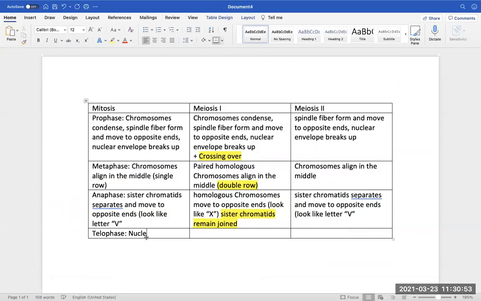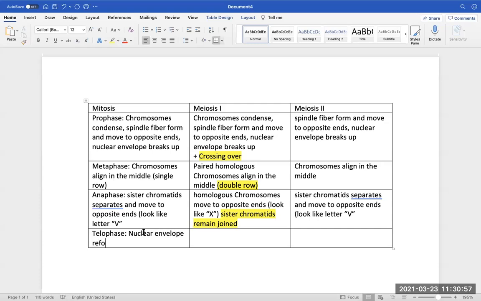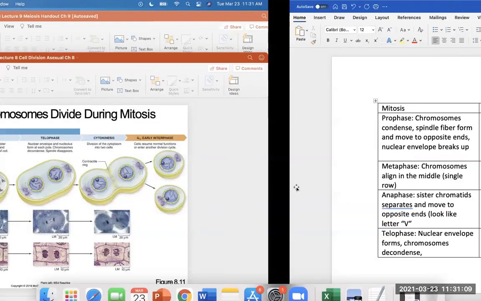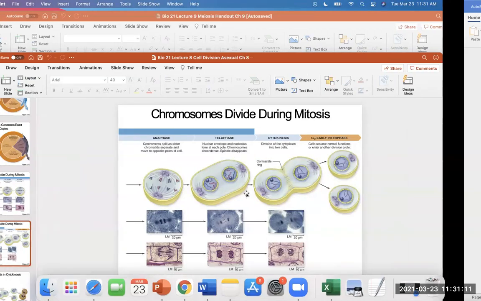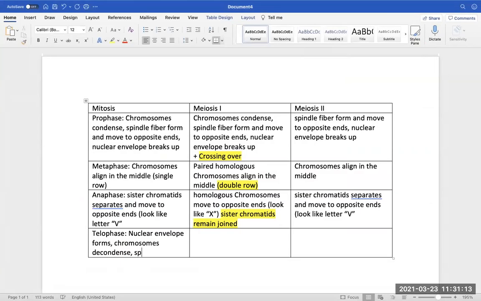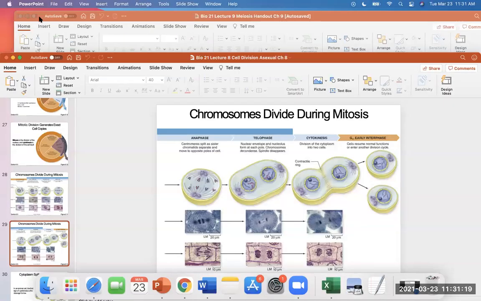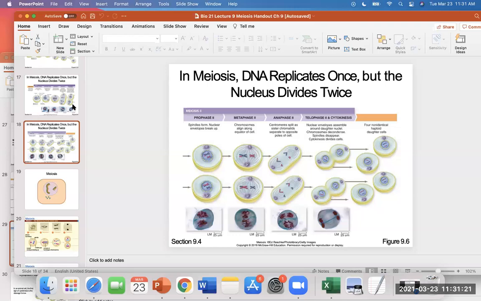So the nuclear envelope reforms, chromosomes decondense, and one last thing is the spindle disappears. So you don't need the spindles anymore. That's telophase for mitosis. Then you have telophase for meiosis.